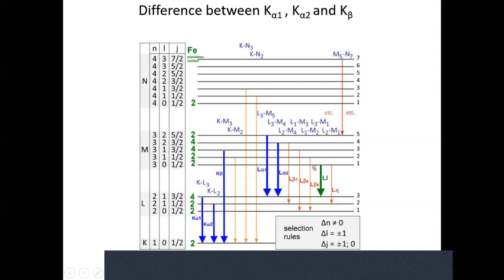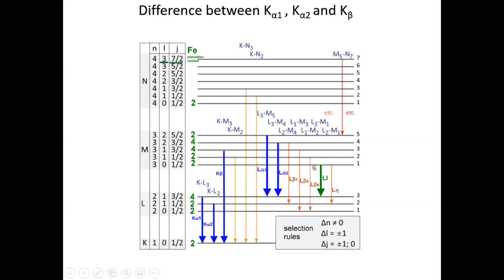So what you're seeing here are the allowed transitions based on these rules here. The change in the j value has to be either plus or minus 1 or 0. So for example, you couldn't go from 3 and 7 halves to 2 and 3 halves, because there the difference in j would be 7 halves minus 3 halves, which is 2.